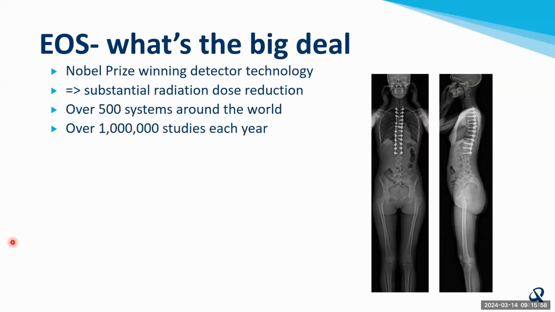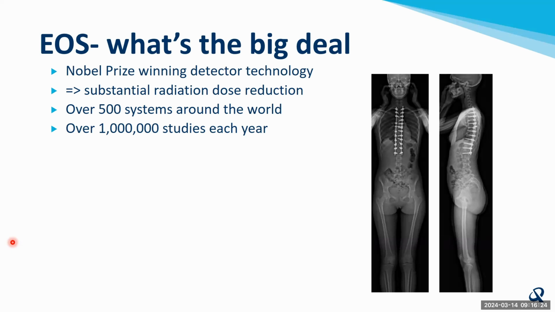I think probably the biggest deal with EOS imaging and why it's had such great uptake is the detector. It has its own particular X-ray detector, and the main advantage is that it's very sensitive and leads to a really, really low dose examination.